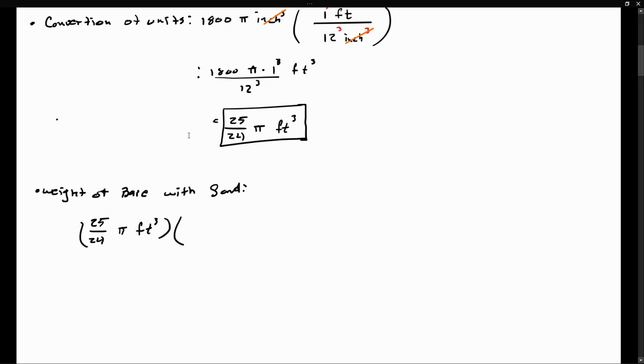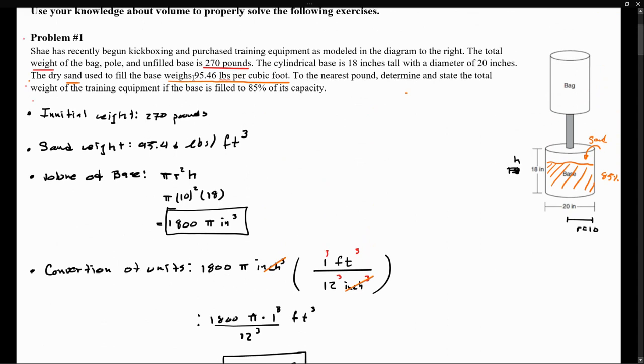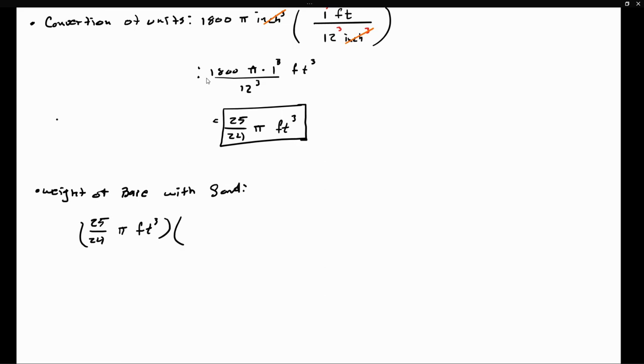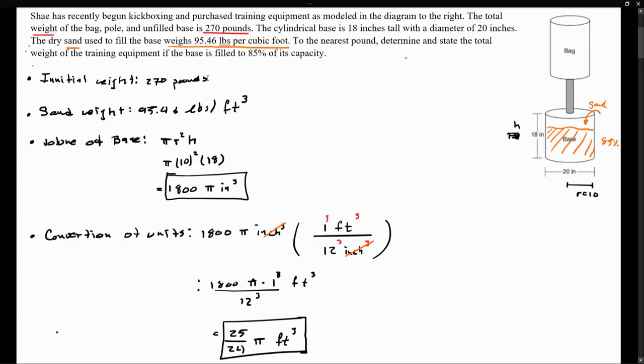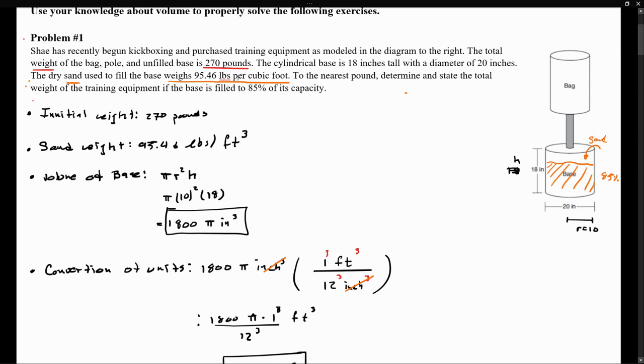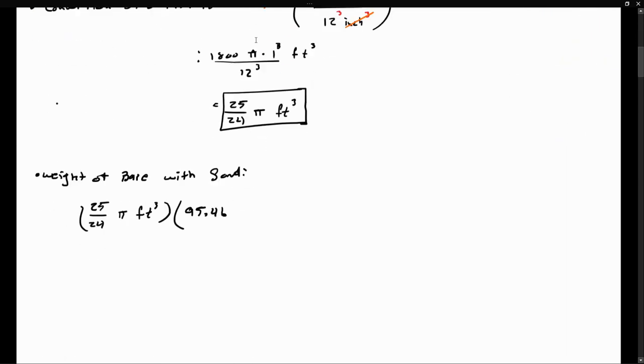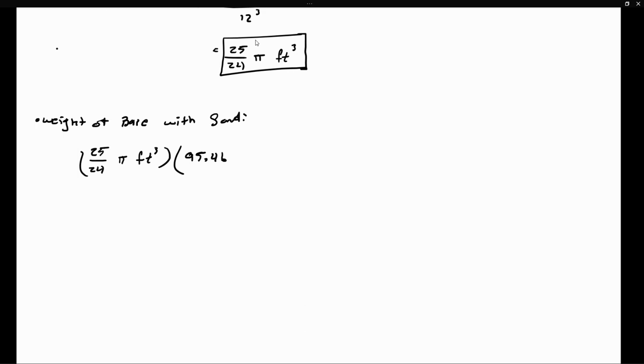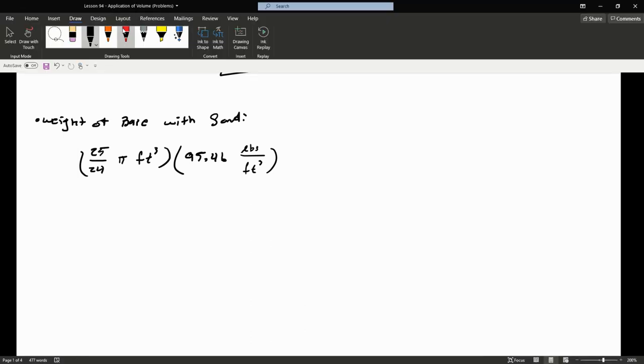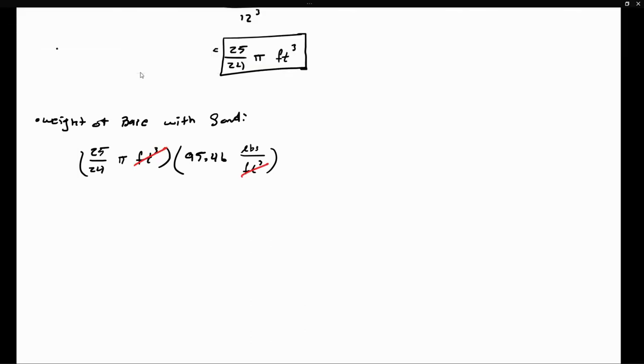So notice that if I multiply it by the actual weight, which is equivalent to 95.46, so the weight of the sand is 95.46. Take a look at the units. Pounds per cubic foot. So we're going to do pounds per cubic foot. And if we're going to be multiplying, notice that again, the cubic feet are going to cancel out.